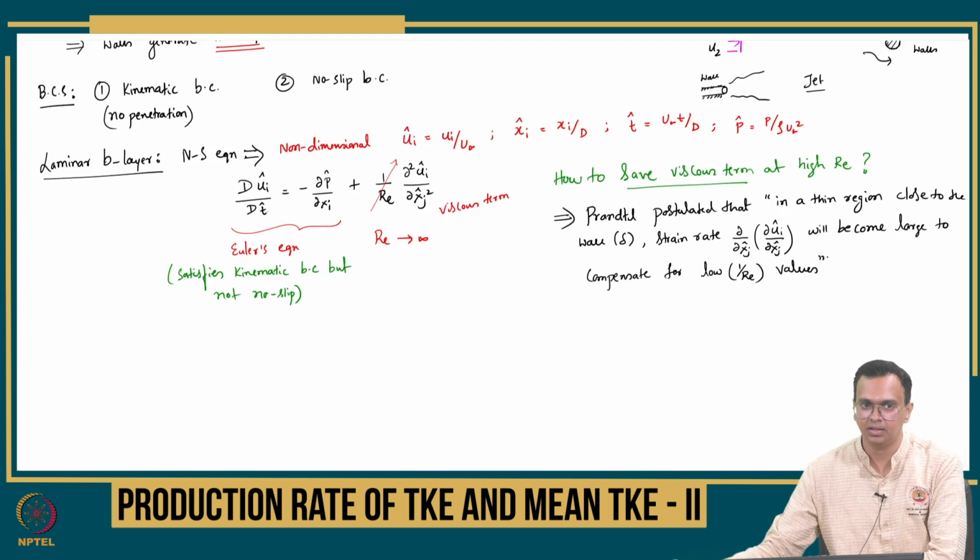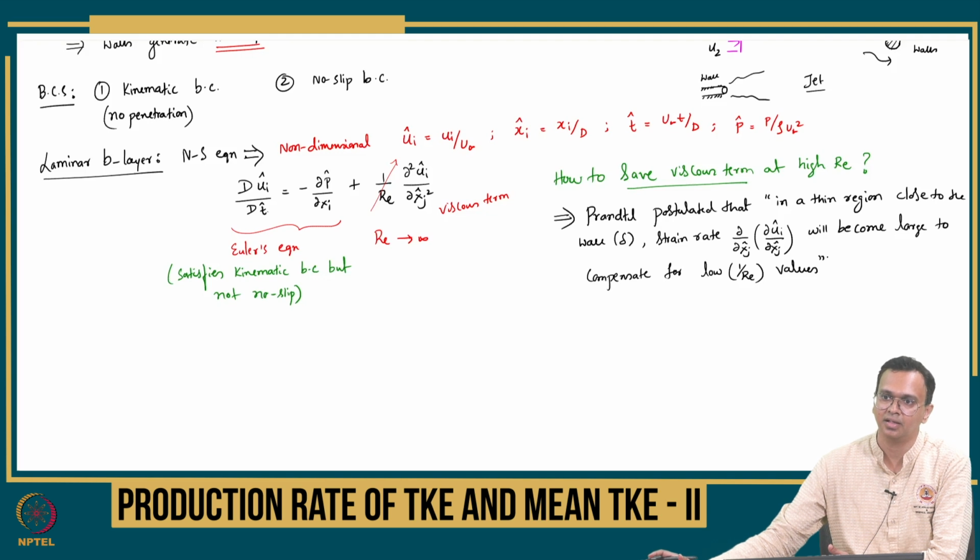So he defined that there is a region which is, today we call it boundary layer, and delta is the boundary layer thickness. So he said there has to be a region close to the wall, so tiny, doesn't matter, where the strain rate must become extremely large so that it can compensate the very low 1 by Re values for a finite Reynolds number. We are not looking into infinite Reynolds number. Even for a very high Reynolds number, viscous effect has to be there.